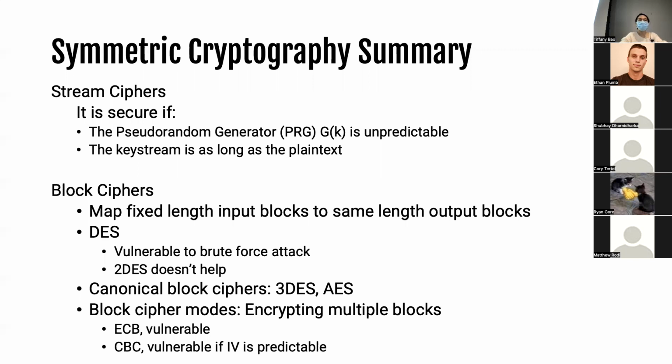And then we have block ciphers. The way it works is that we cut the entire message into multiple blocks, encrypt or decrypt each block, and then put them together. But the way we put them together is not just concatenation.